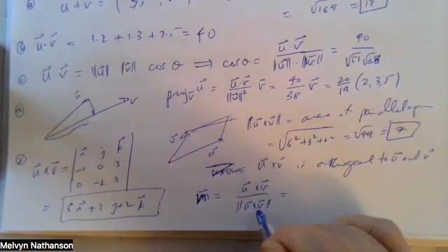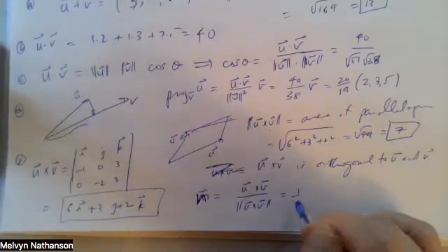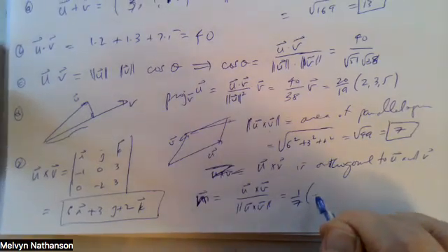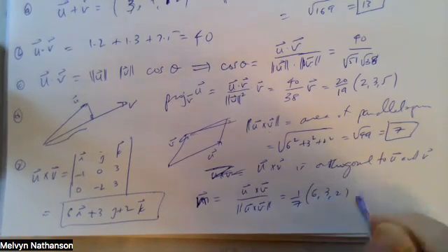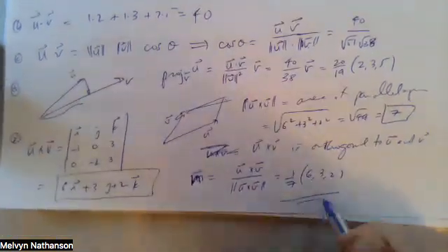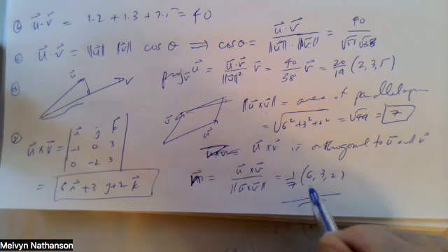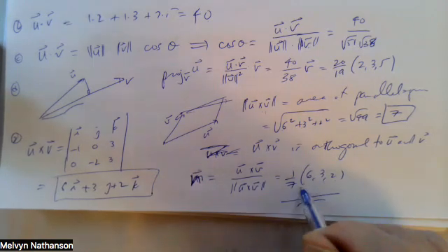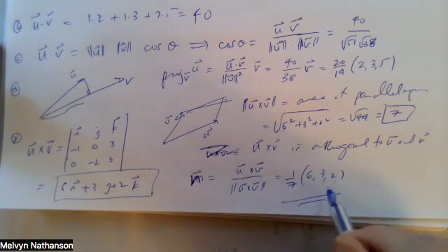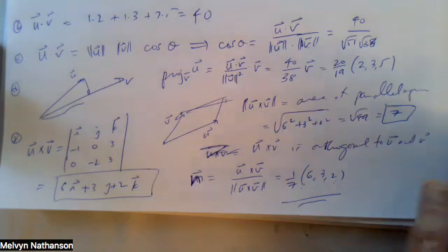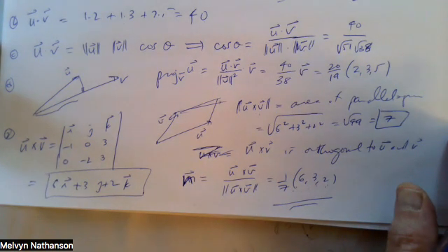So that's the vector, and the length is 7. It's 1/7 times the vector 6, 3, 2. So this is a unit vector perpendicular to minus 1, 0, 3, and 0, minus 2, 3, as you can check directly. Any questions about that?